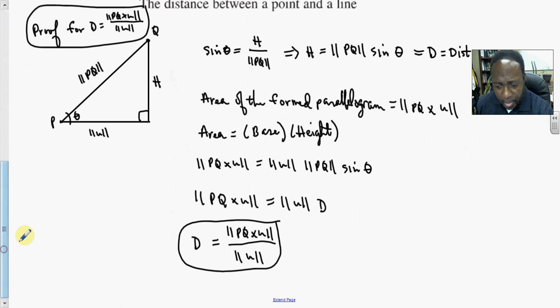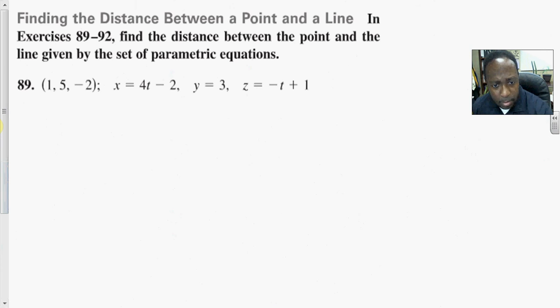Well, if that be the case, then we can use this formula to actually compute a problem. Here in this exercise, it says find the distance between the point and the line given by the set of parametric equations. And so we use the formula that the distance is the norm of the cross product of PQ and U divided by the norm of U. What is U?